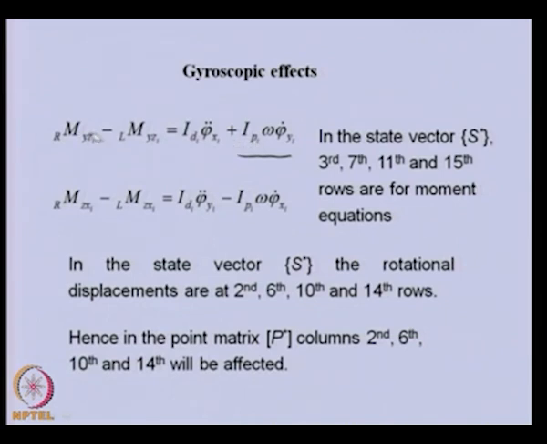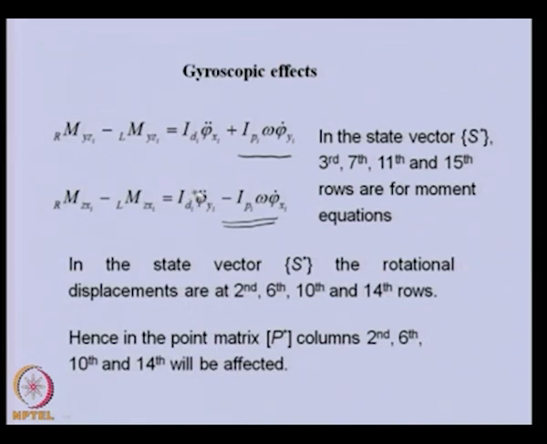Now, this is one of the equations which will be affected. Apart from this, the bending moment in the ZX plane also we need to write here, and in this case one additional gyroscopic term will appear, apart from the rotary inertia.